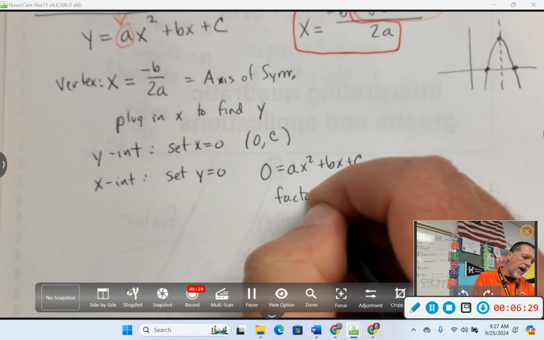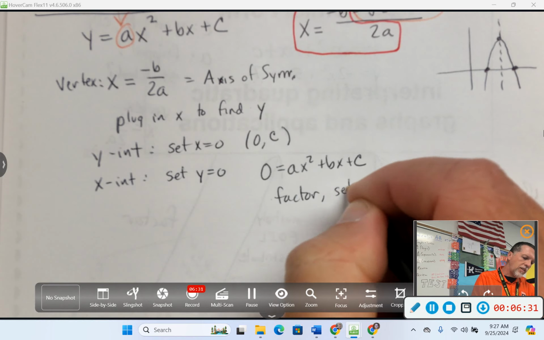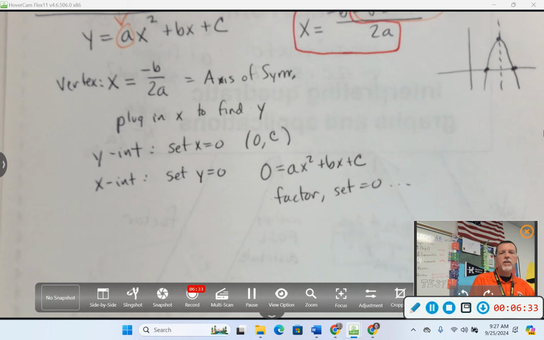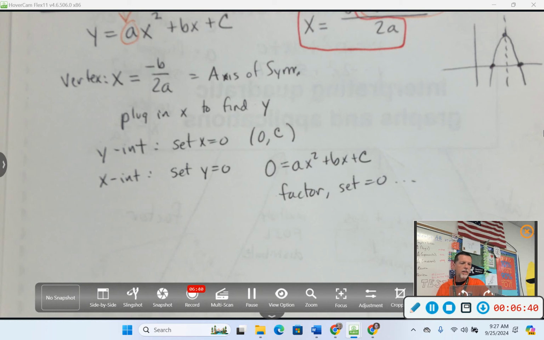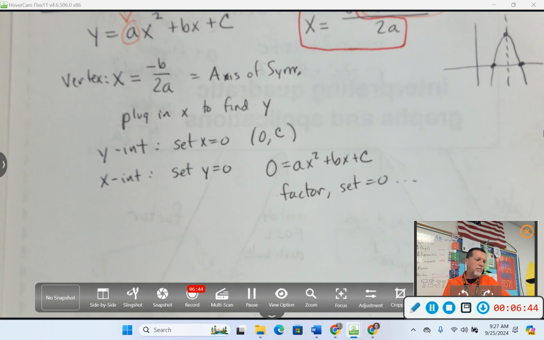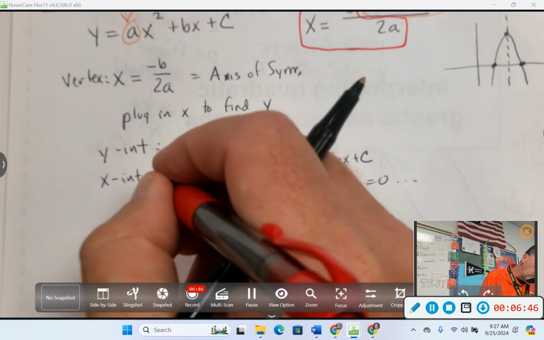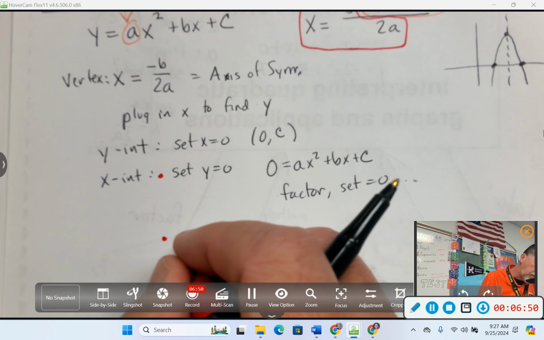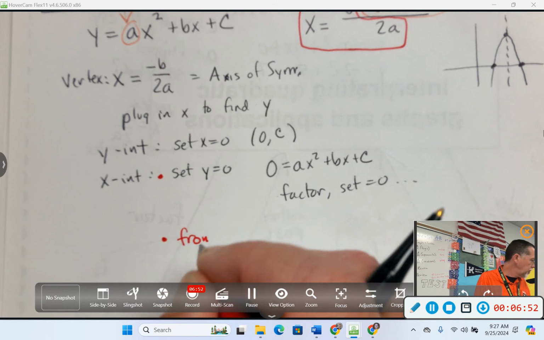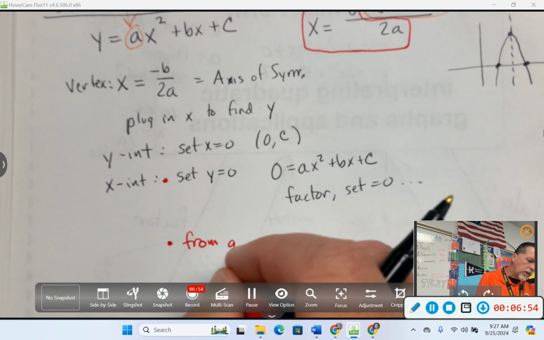And then we factor, and then set the factors equal to 0, all those things. There's another way to get the x-intercepts. You can get them from the graph.